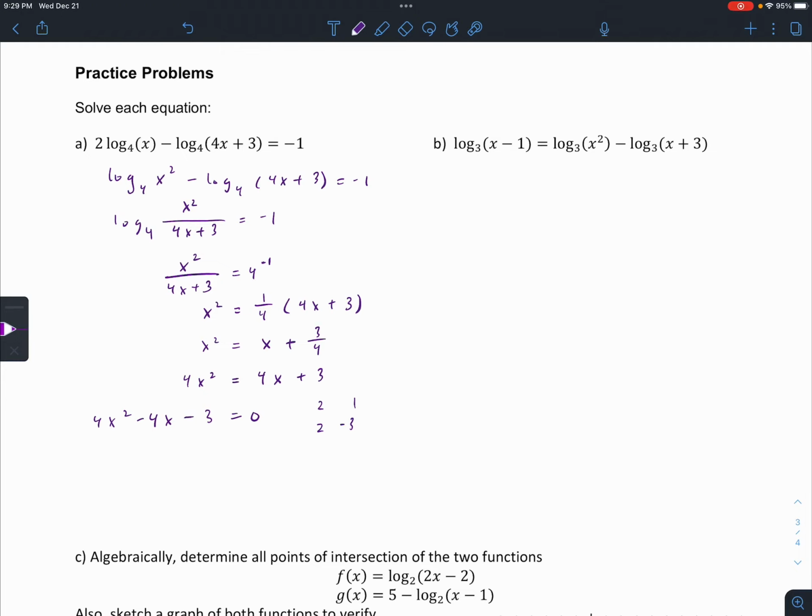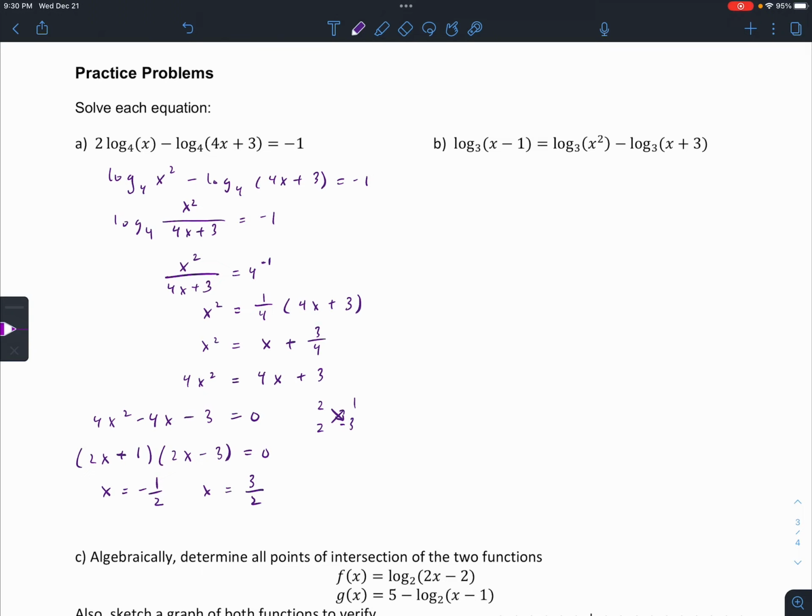Yeah. Okay, so it is factorable. So 2x plus 1 times 2x minus 3 is equal to 0. So yeah, crisscross does work. So x is going to equal negative 1 over 2, and x is going to equal positive 3 over 2.